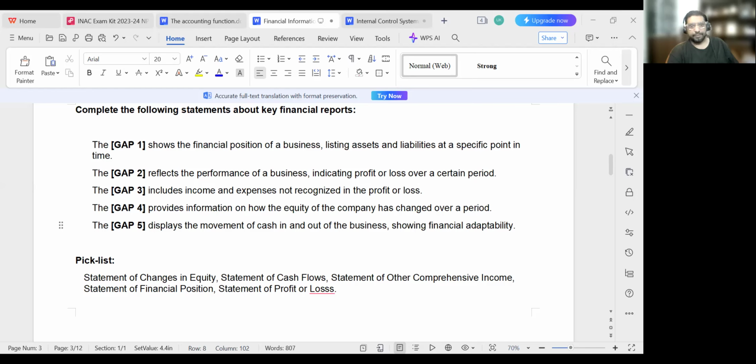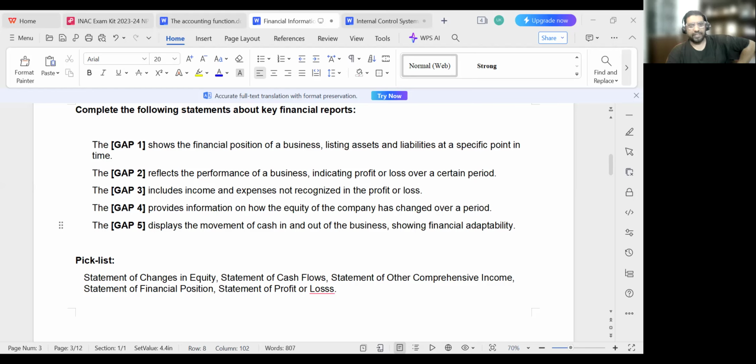Yes. The comprehensive income. Yeah. Statement of changes in equity.